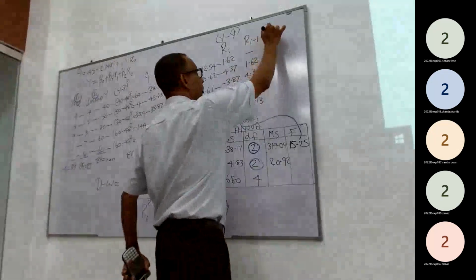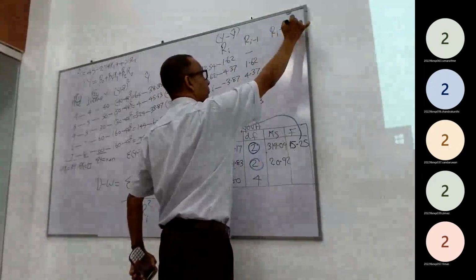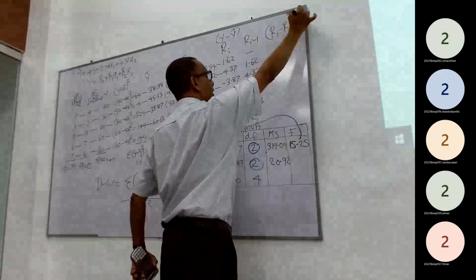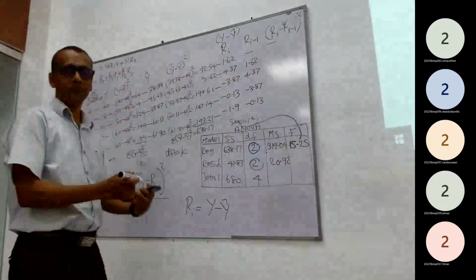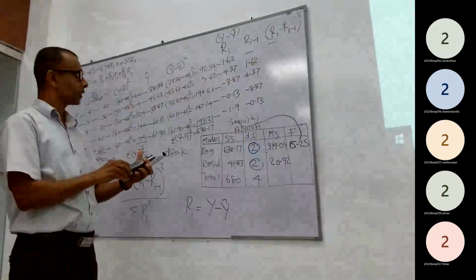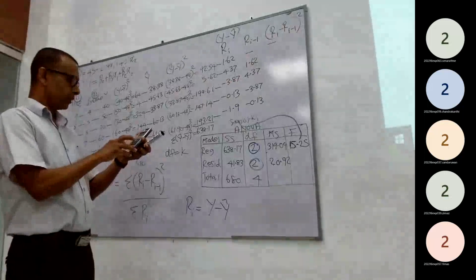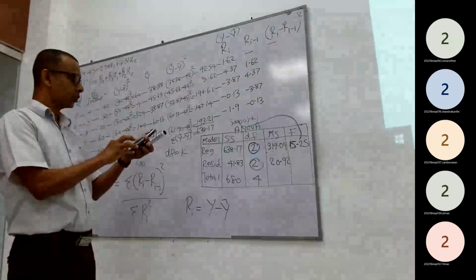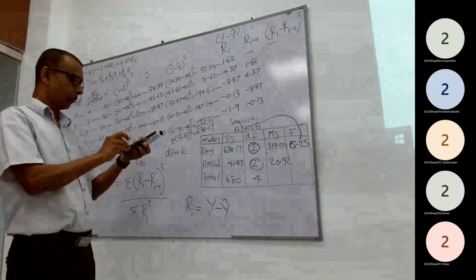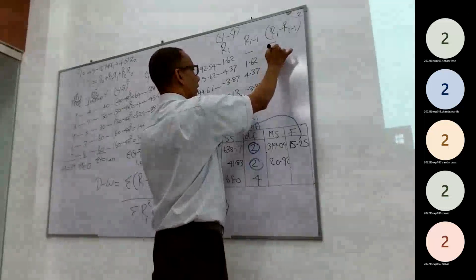Right, then here I calculate residual of i minus residual of i minus 1, squared. First: 4.37 minus 1.62, squared, is 7.56.